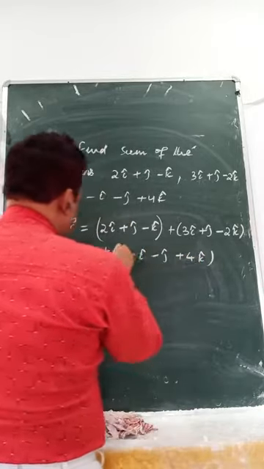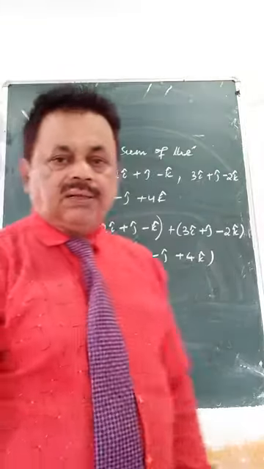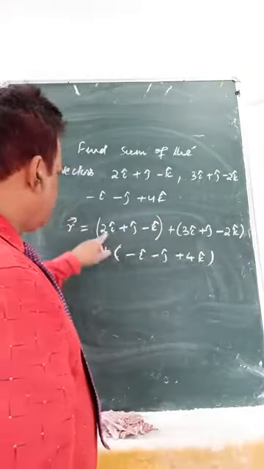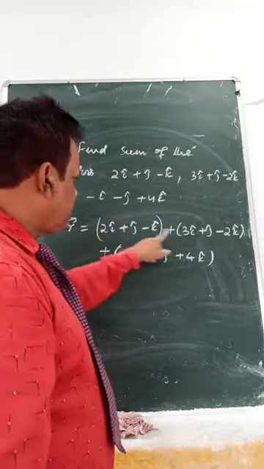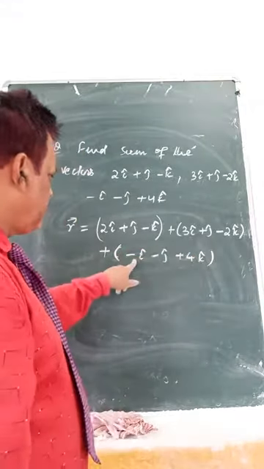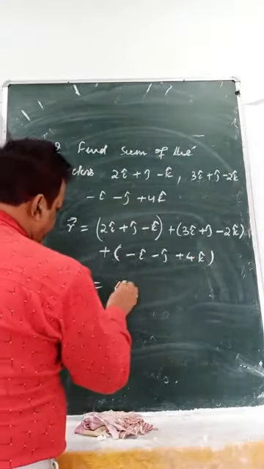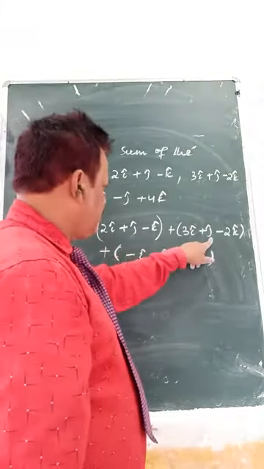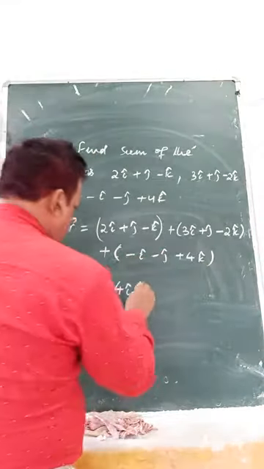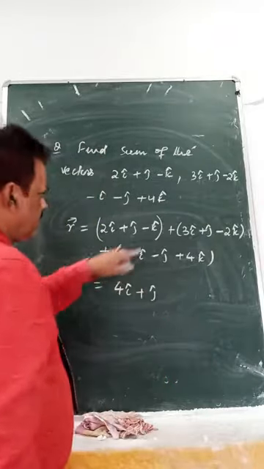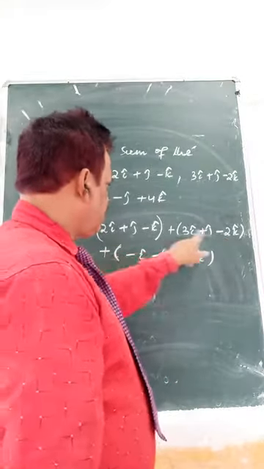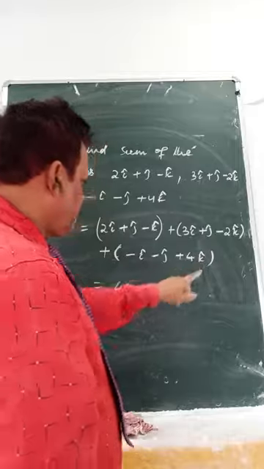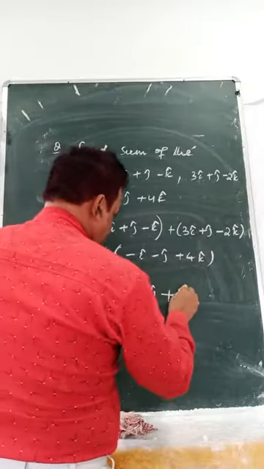How do you end? Very simple. Like terms are added. So 2i plus 3i is 5i, 5 minus 1, 4i. j plus j is 2j, minus j, only j. Minus k minus 2k is minus 3k, plus 4k, plus k.